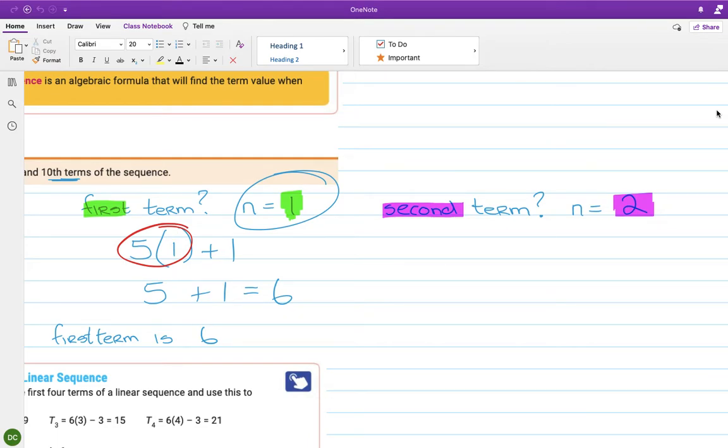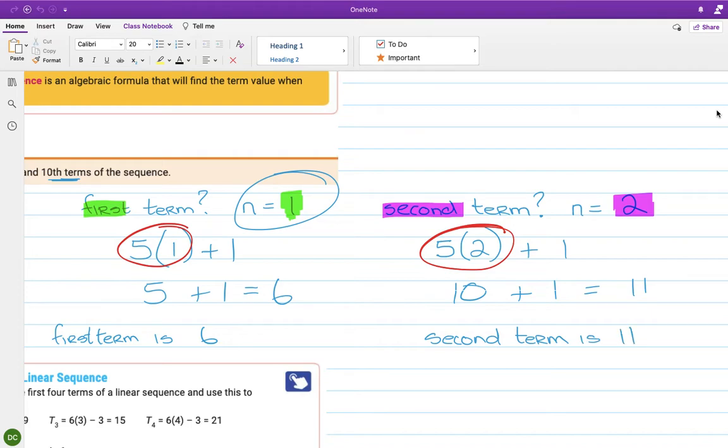So I have the same formula, which means it starts with 5, but this time I'm going to multiply the 5 by 2, and then I'm going to add 1. So what is 5 multiplied by 2? It's 10, plus 1 is 11. So the second term of this sequence is 11.